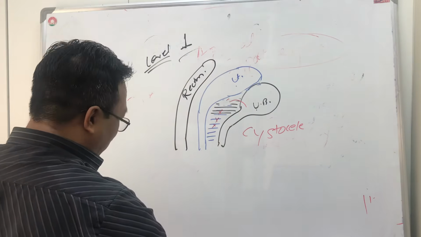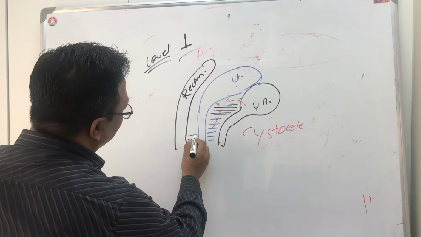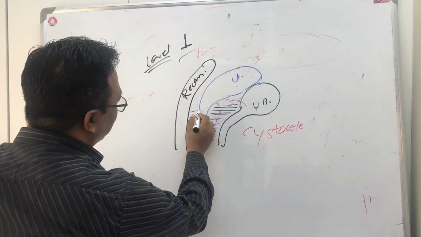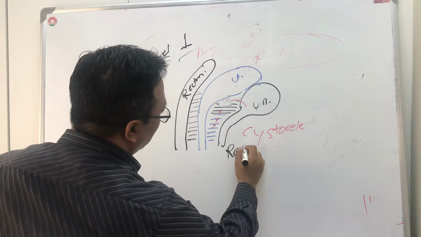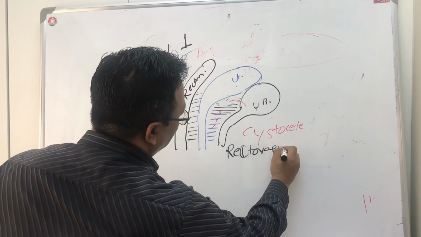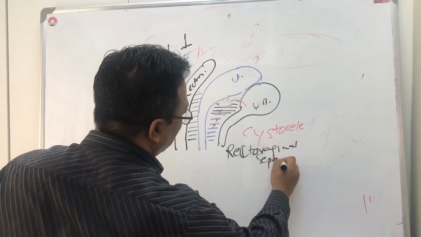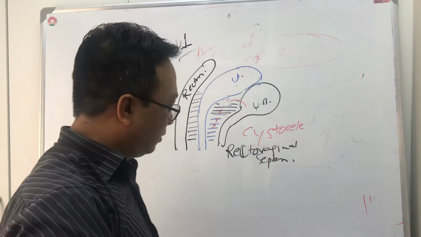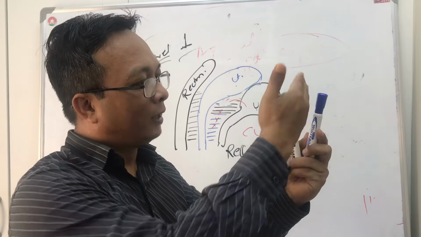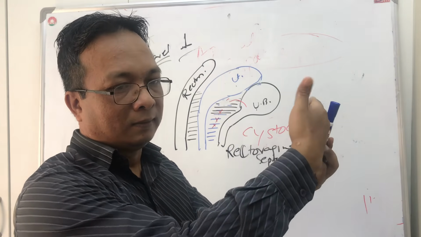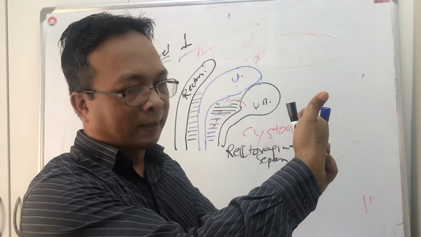There is another septum here, which is called the rectovaginal septum. This is the uterus, and this is the rectum, and there is a curtain here. This is called the rectovaginal septum.